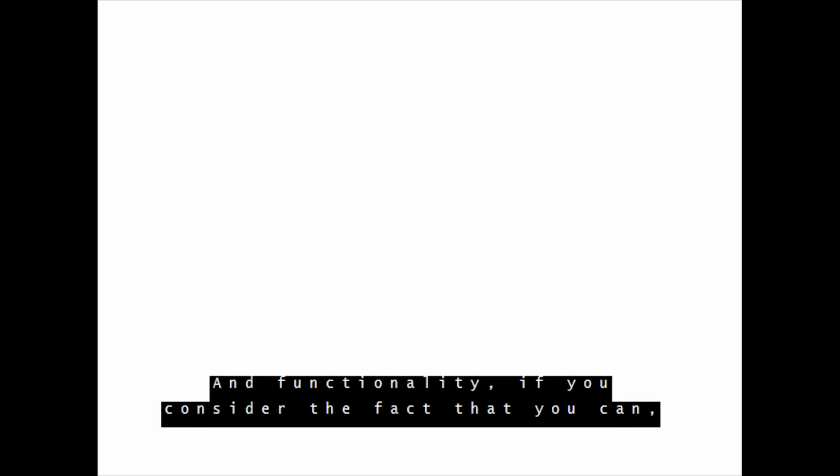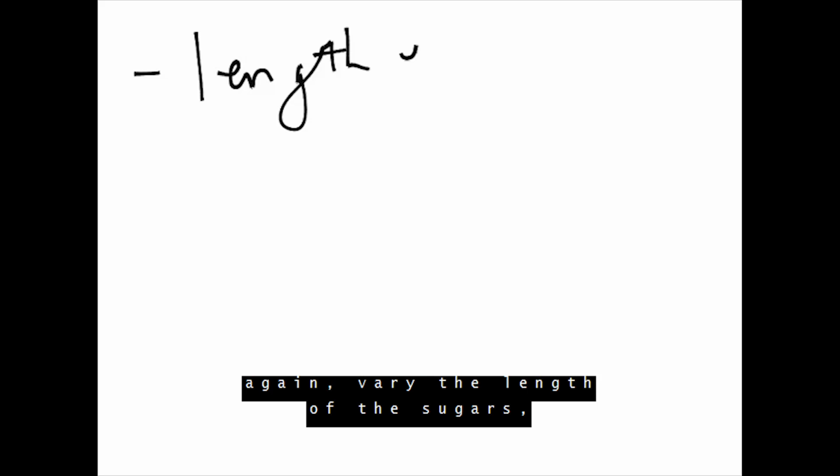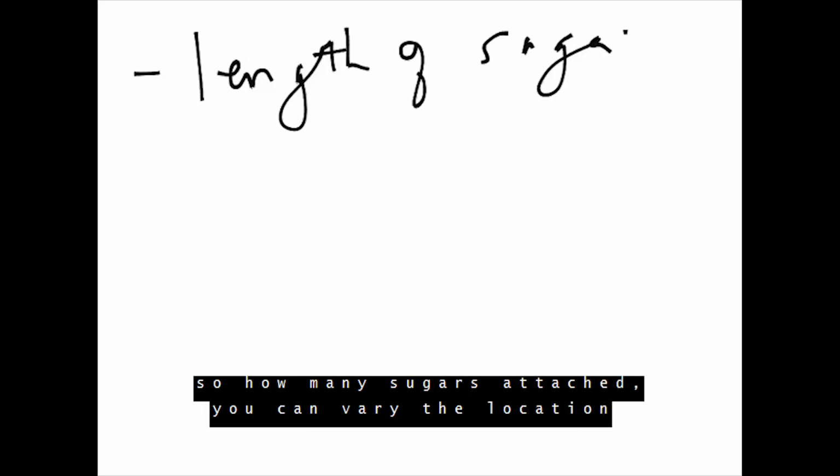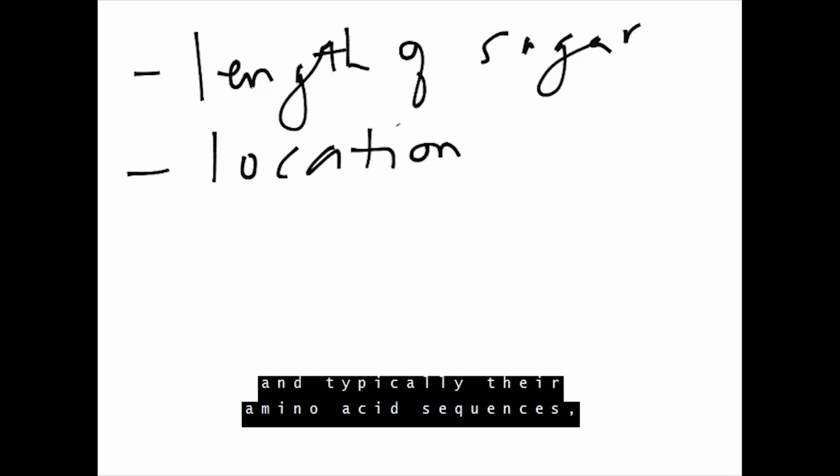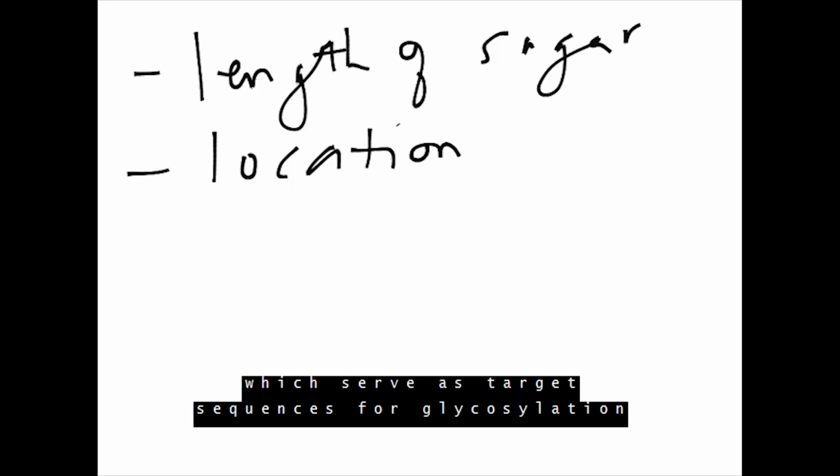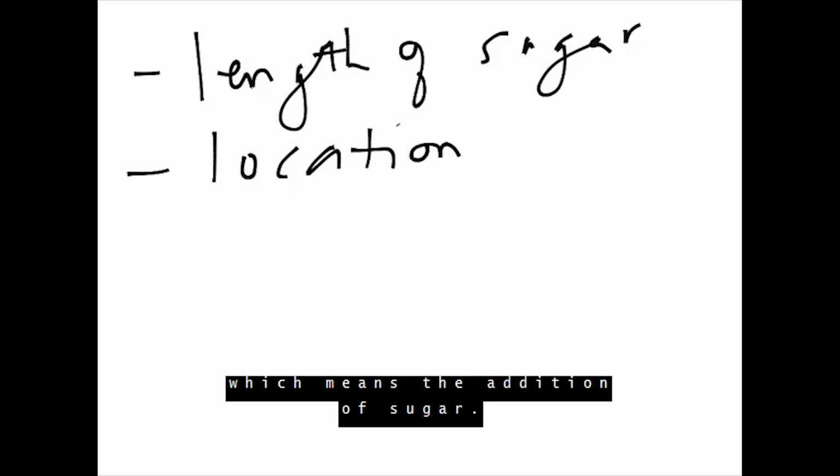And functionality, if you consider the fact that you can, again, vary the length of the sugars, so how many sugars are attached. You can vary the location of where those sugars are attached, and typically there are amino acid sequences which serve as target sequences for glycosylation, which means the addition of sugars.